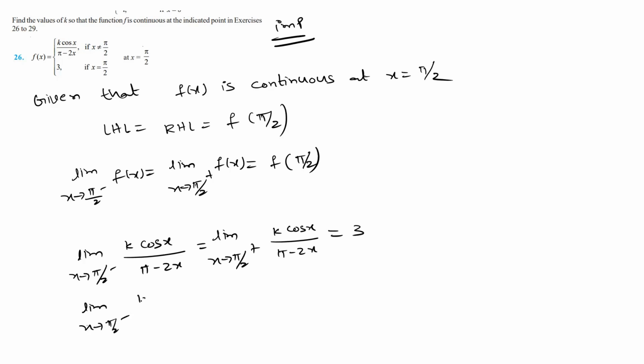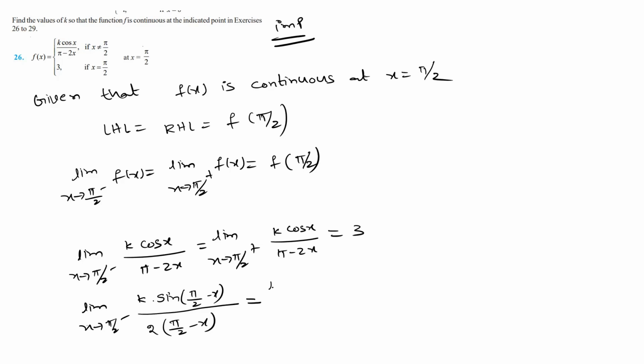Here k cos x can be written as k sin of 90 minus theta. So sin 90 minus theta divided by... here also you can take 2 as common. So what will we get here? This will become pi by 2 minus x. If you multiply 2 into pi by 2, the 2 gets cancelled, giving pi minus 2x, so we get the previous step only.